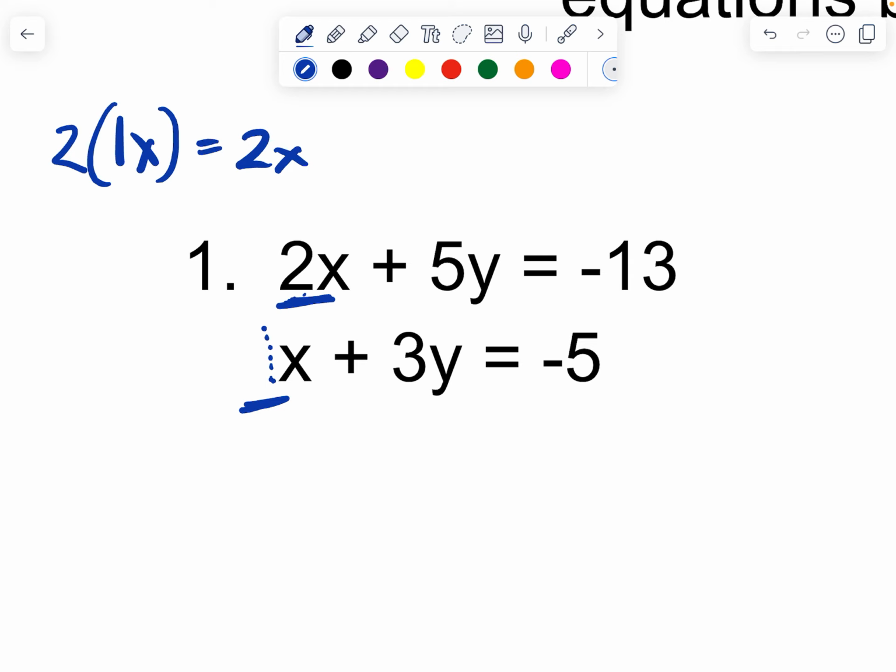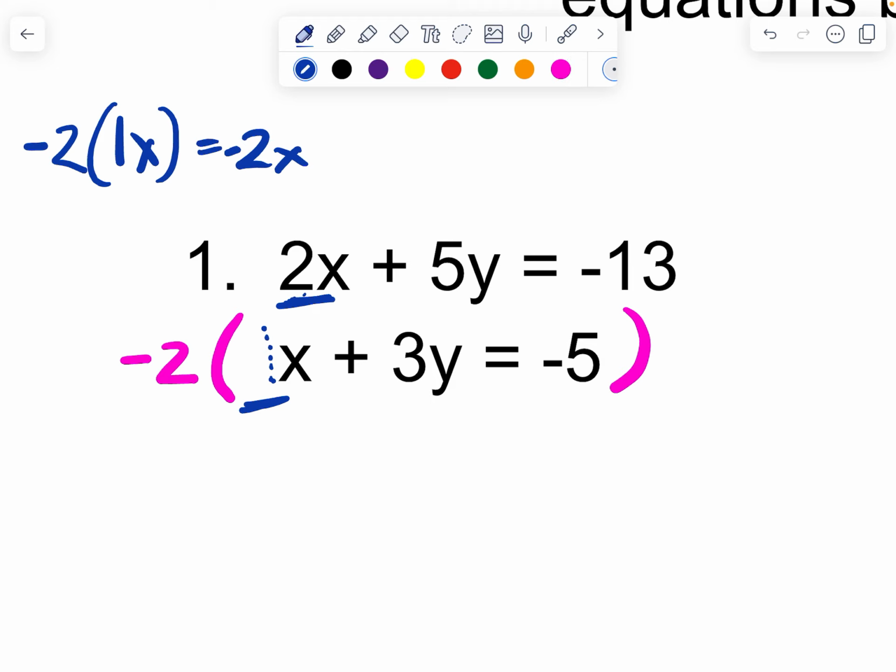Well, I want the opposite. So what if I multiplied by negative 2? That would get me a negative 2x. That is the opposite. That's what I want. So I'm going to multiply this entire equation by negative 2.